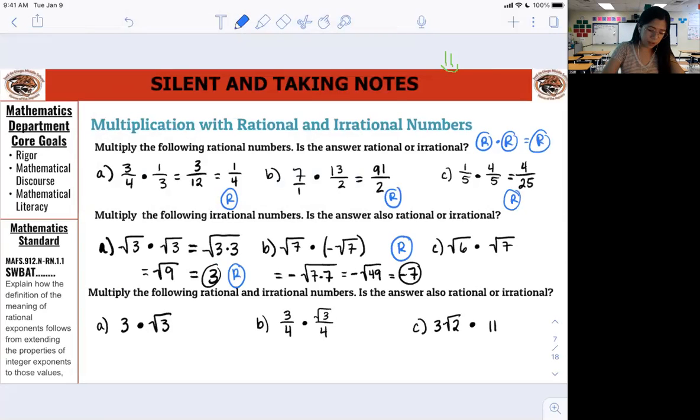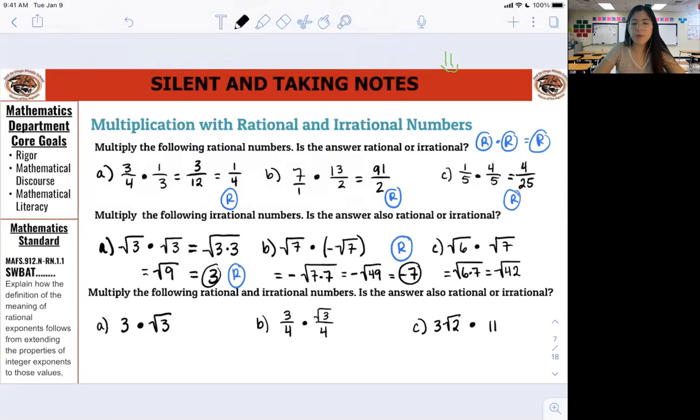Now let's see this last one. I can still combine them, so I'm going to do so. So 6 times 7. What's 6 times 7? 42.